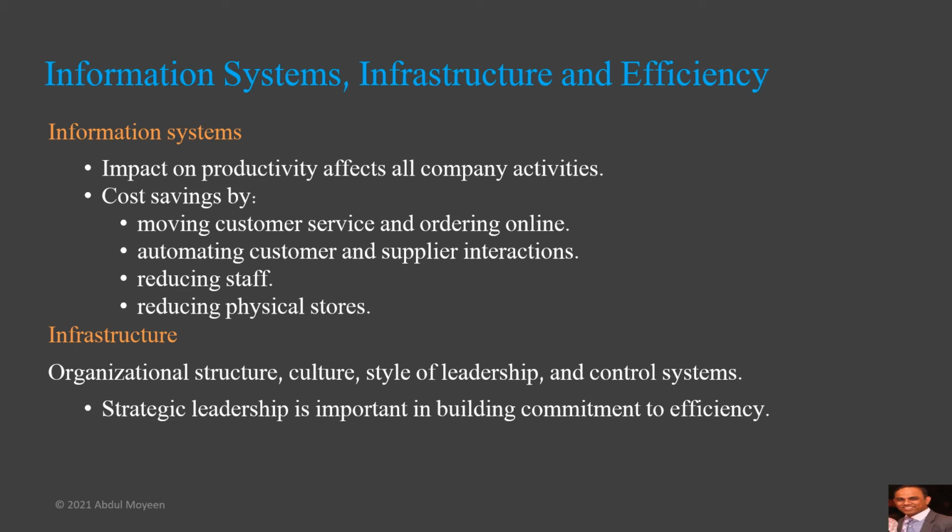We can automate our customer and supplier interactions, and we can also reduce physical stores. This is how companies can substantially reduce the number of people required to manage different interfaces and thereby reduce costs.